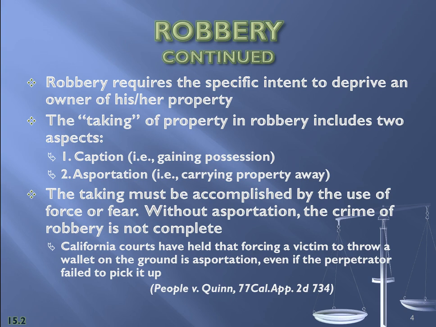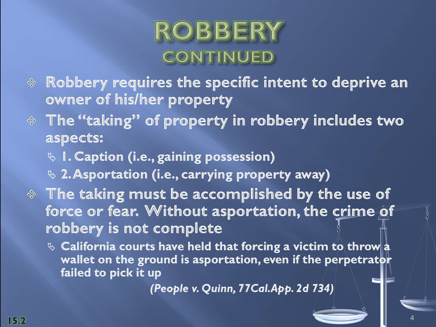And what does that mean? Hopefully you remember. That means movement or carrying away. So the perpetrator or the suspect must have actually taken or acquired dominion or control over the property of the victim before the crime is complete. In other words, a theft must have occurred.